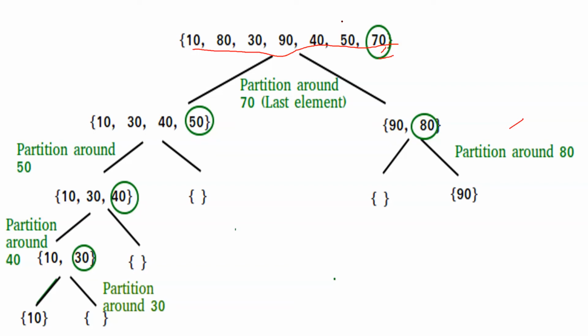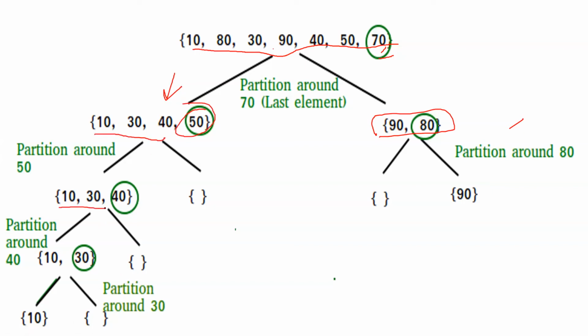So we partition around 70. You can see that 10, 30, 40, and 50 are all less than 70, while 80 and 90 are greater than 70. Coming to the left-hand side, we partition around 50, and all the elements are smaller than 50.